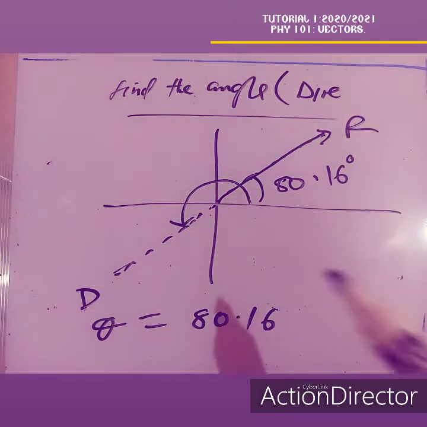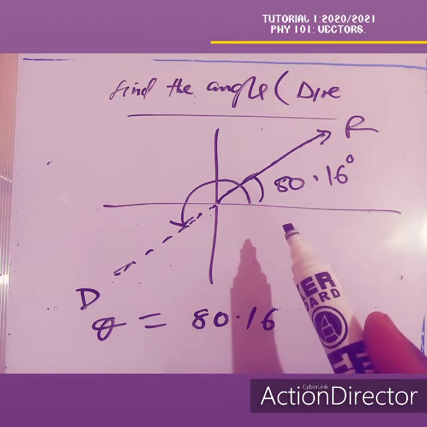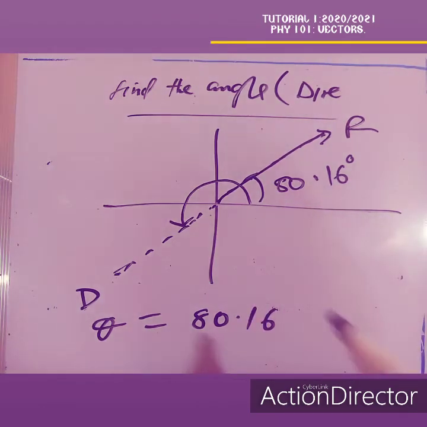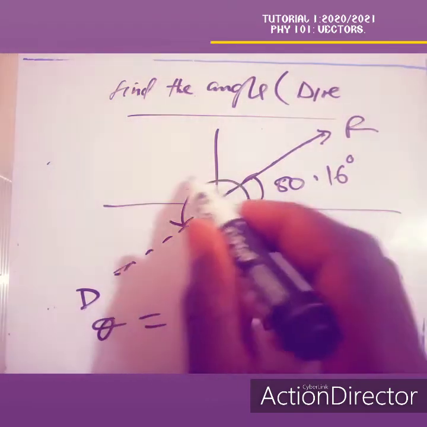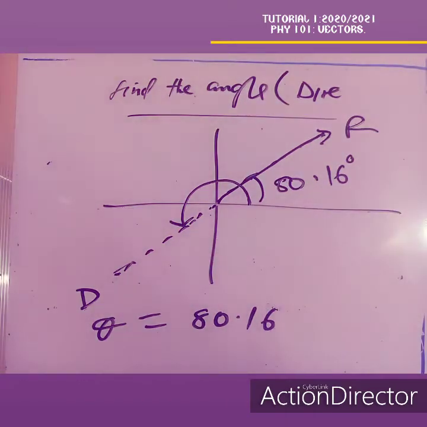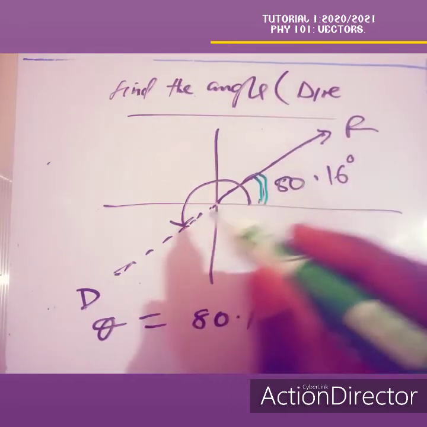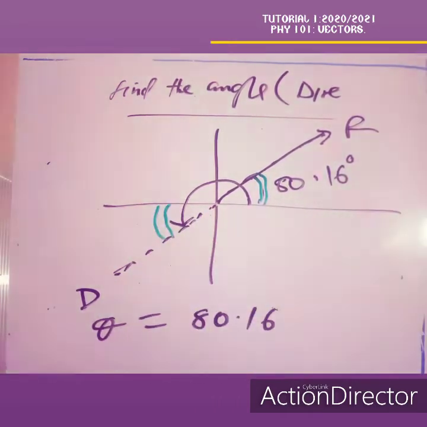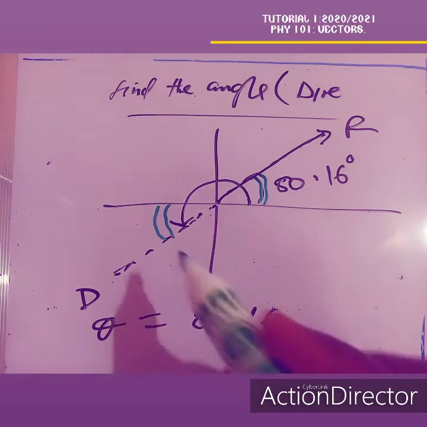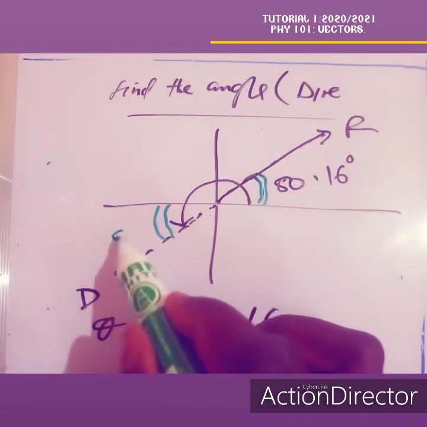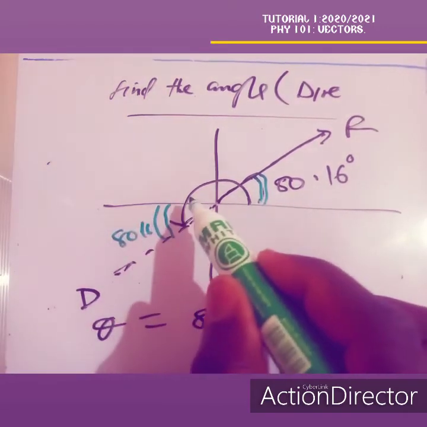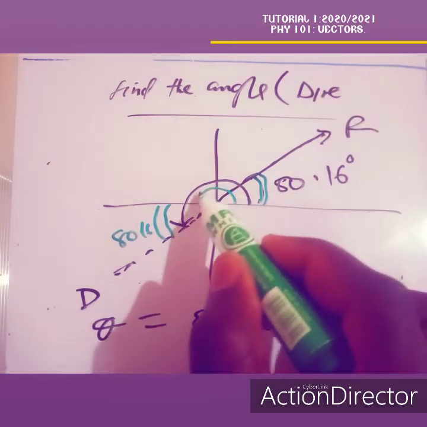So that will be 180. Remember we have something to take note of for angles. This angle here and this angle, they are the same. If they are the same, then we can add this 80.16 plus the 180, which runs on a straight line.